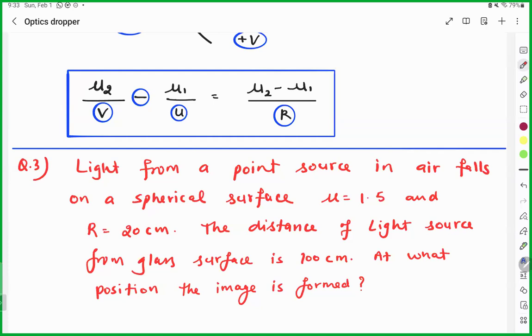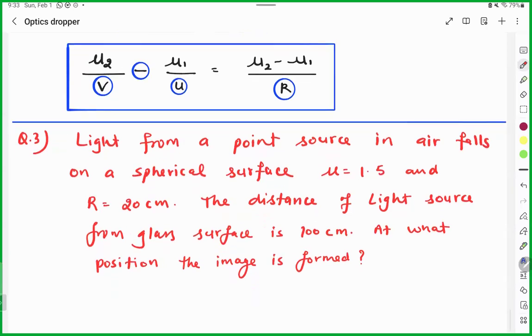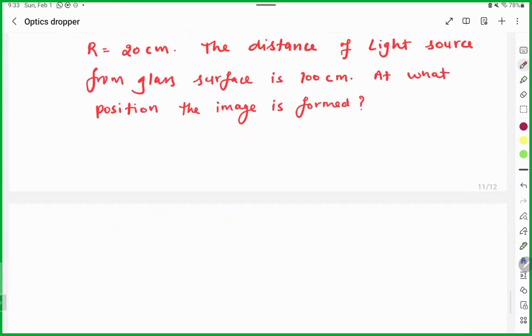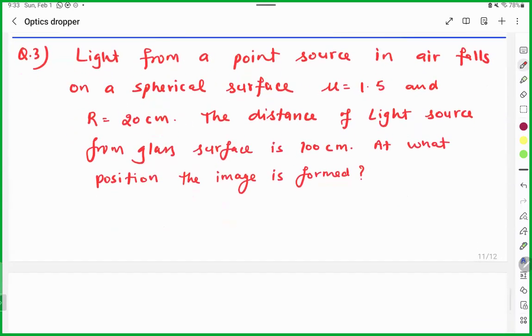Solid, guys. Whenever you have a spherical surface, you apply this formula.